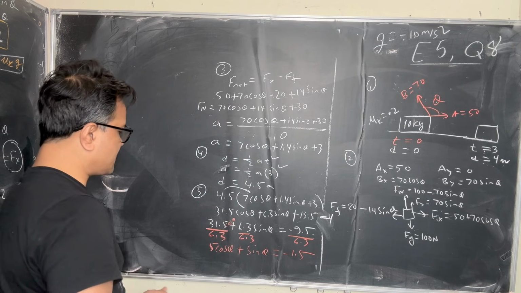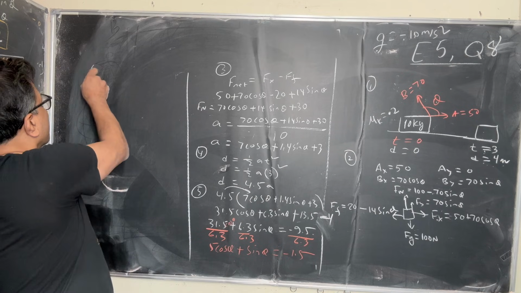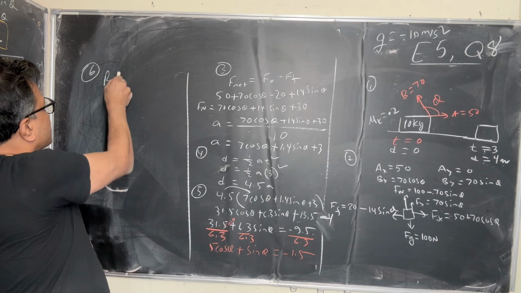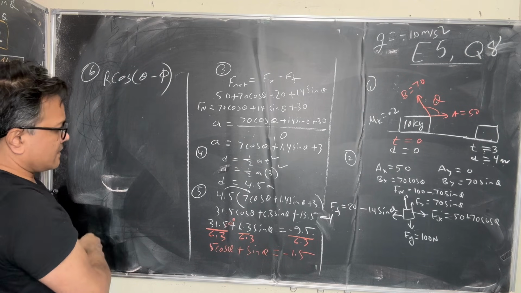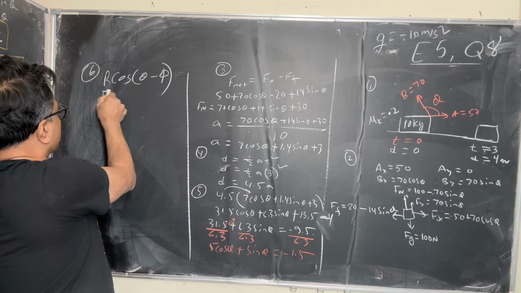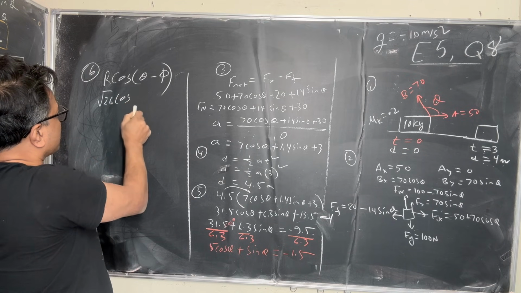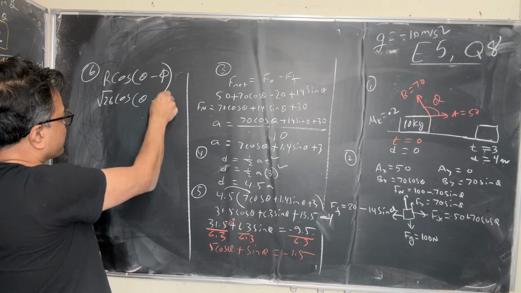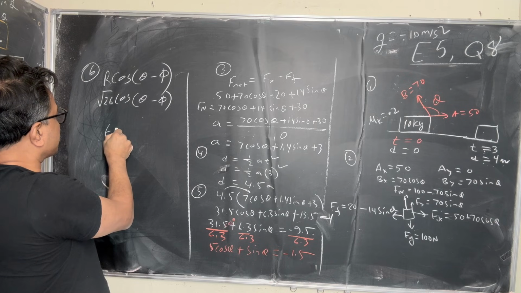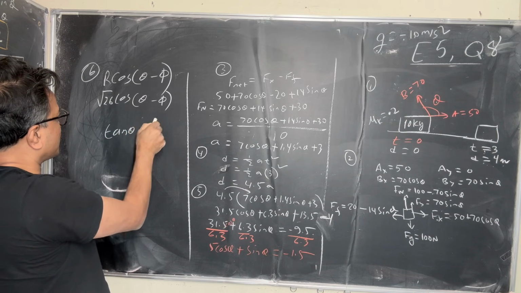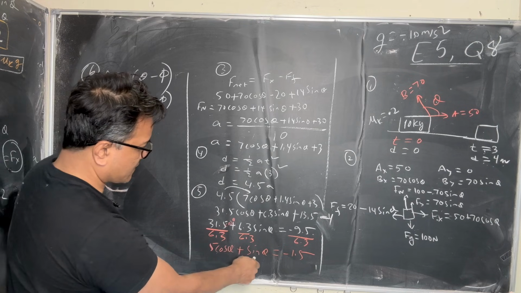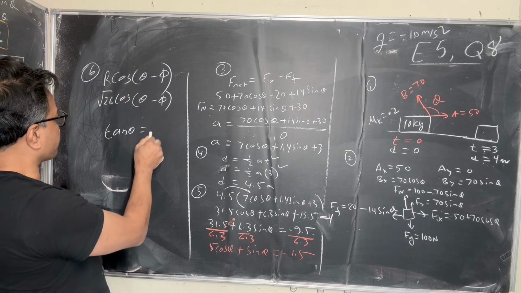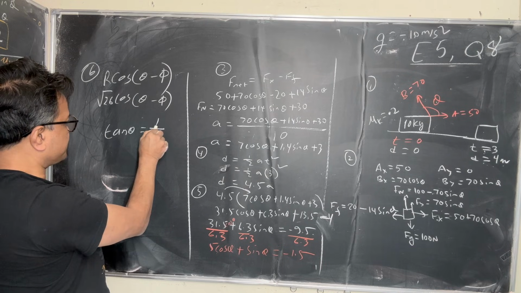Okay, now step 6 is to add cosine theta minus phi. So r is the square root of 26, cosine theta minus phi. Tangent phi is 1 over 5, right? You see that 5, sine. So 1/5.